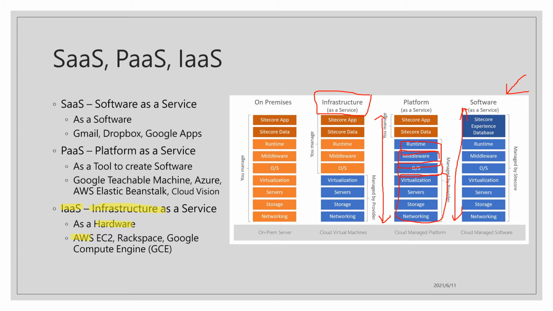They will provide the hardware, and then you have the possibility to build your OS or other kinds of things. Okay, so you just remember we are here, PaaS. And it is a common development style nowadays.